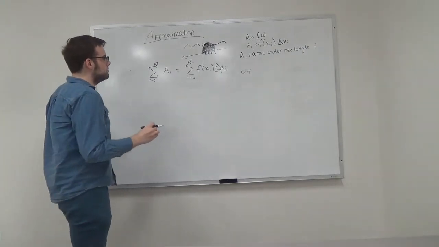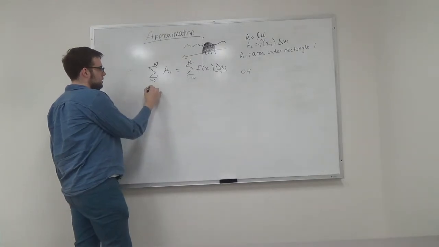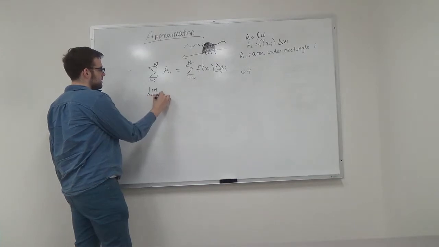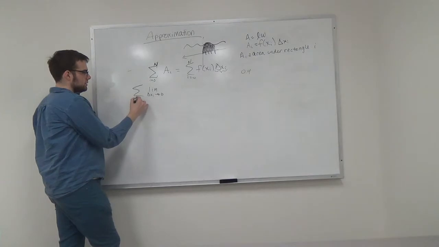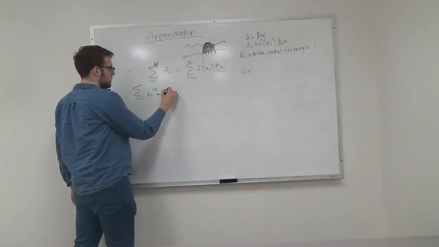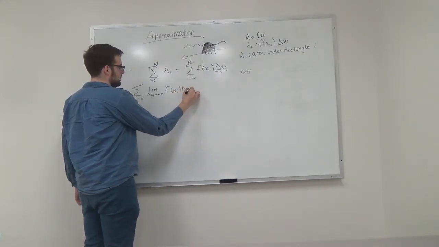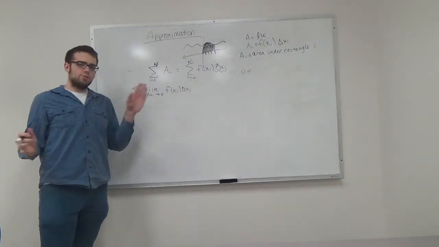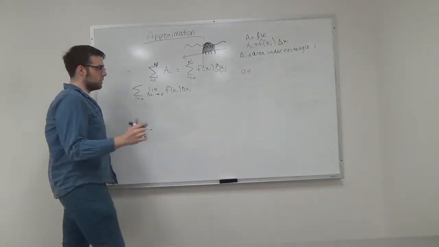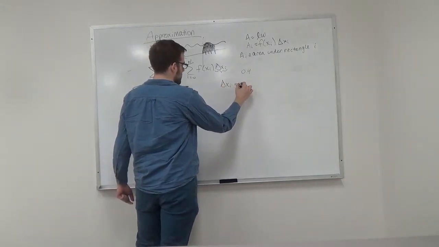So we want to add a limit term: limit as delta x i approaches 0. Now let's make an assumption that all delta x i's are equal to each other.